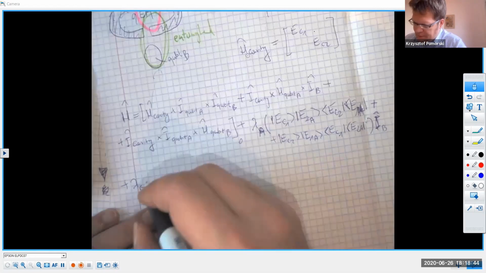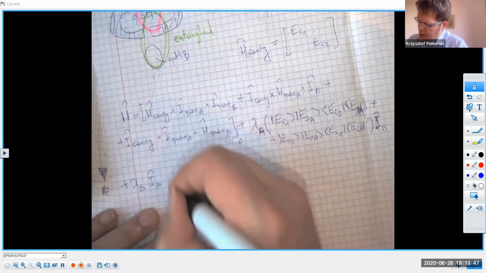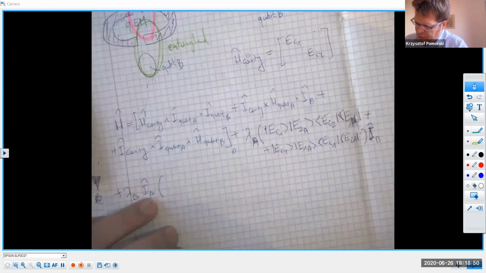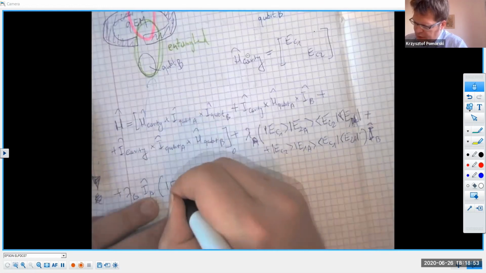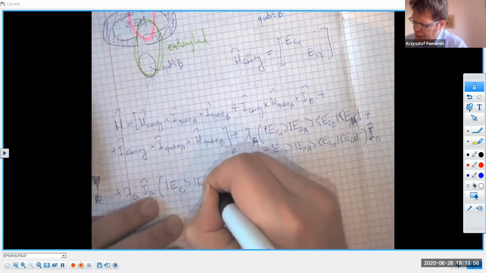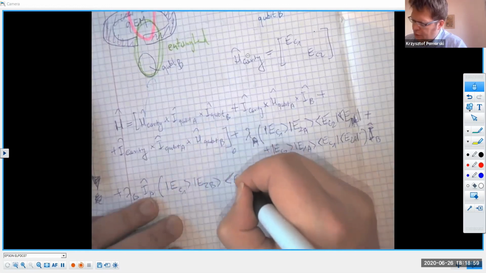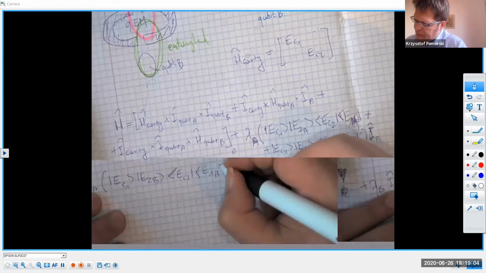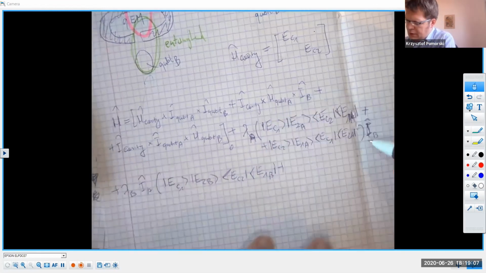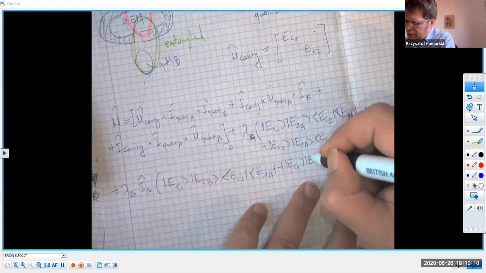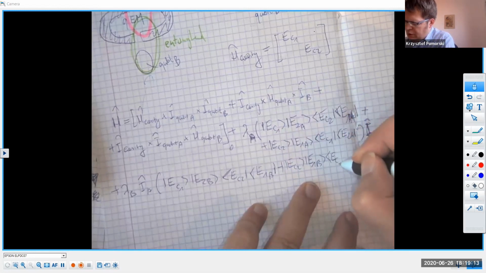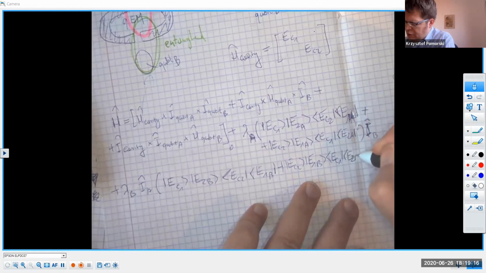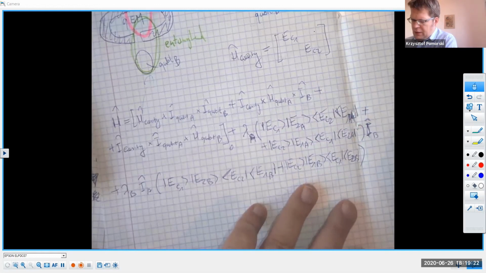So let's say EA, and again it's a bit similar, but this is C1 to C2 for A and B, plus C2 to C1, and then I'm just looking if I didn't miss anything.